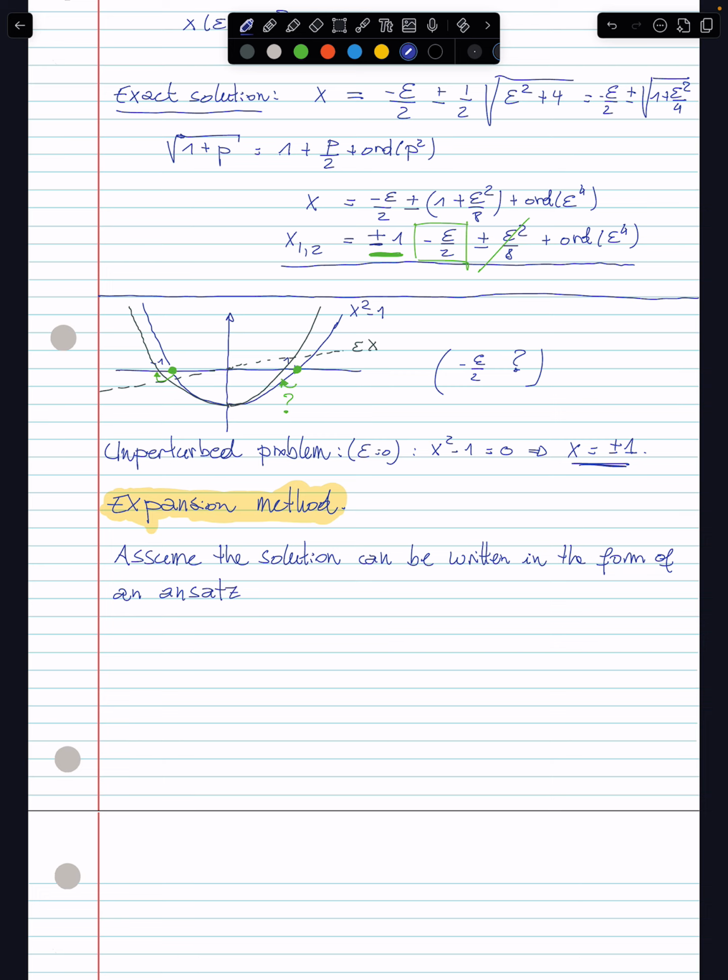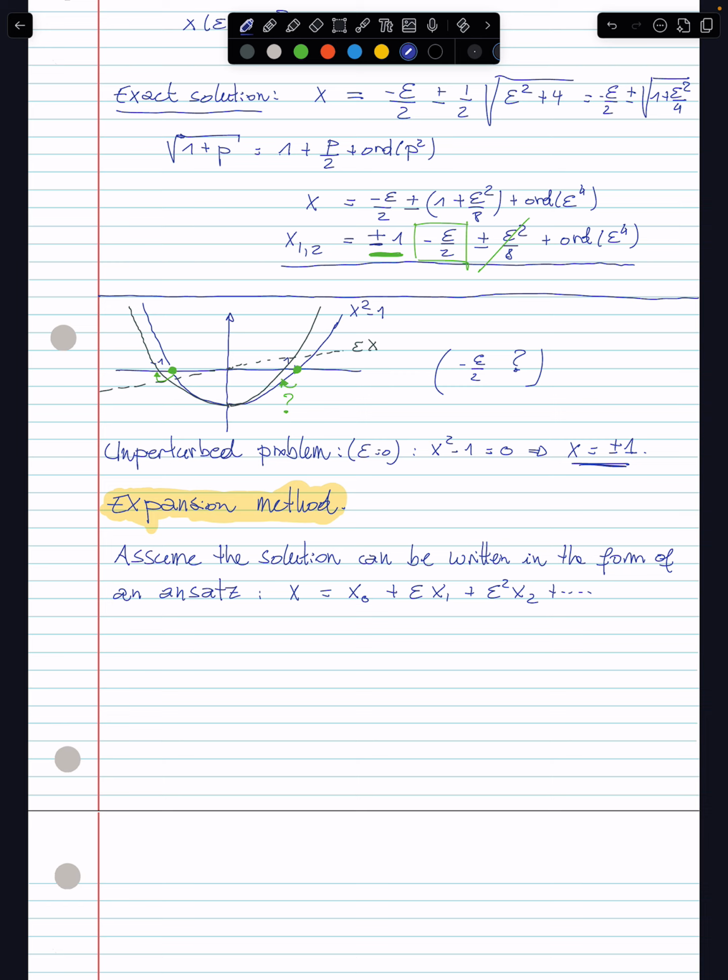Ansatz, I think, is a German word which means supposed form or supposed shape. And in this case, we're going to assume that x is equal to x0 plus epsilon x1 plus epsilon squared x2, and so on.